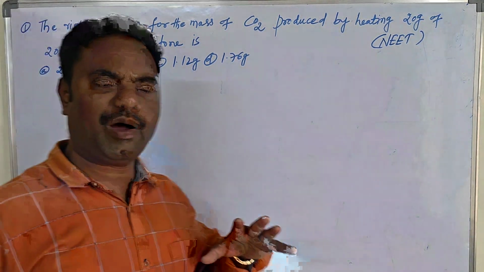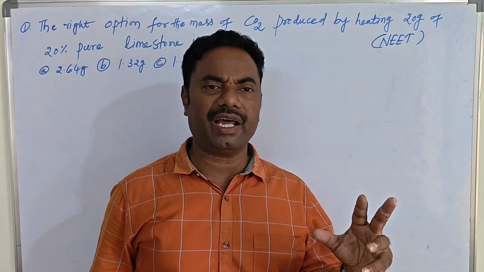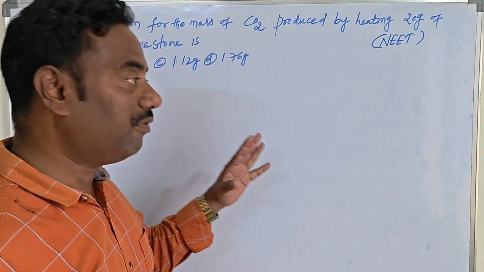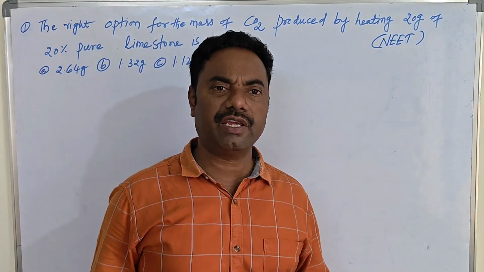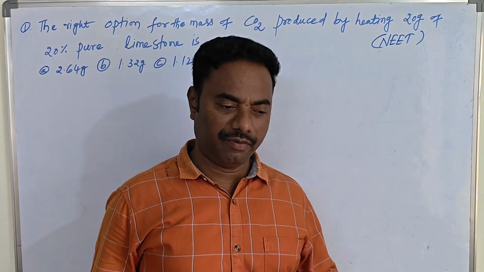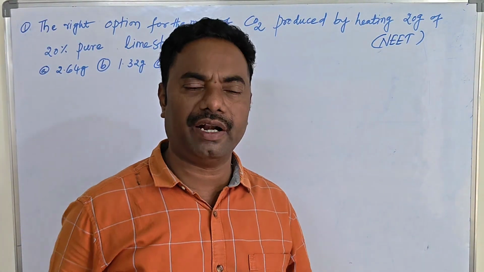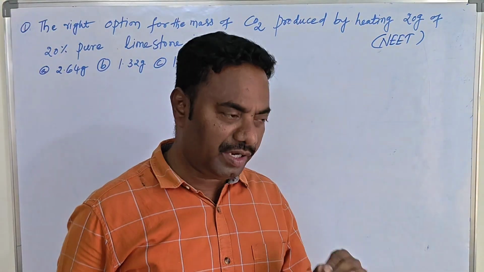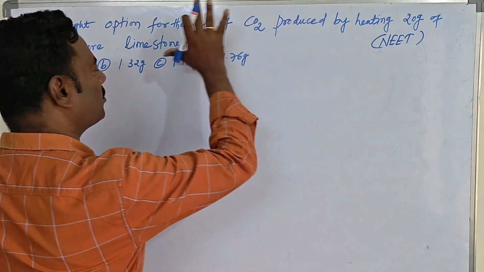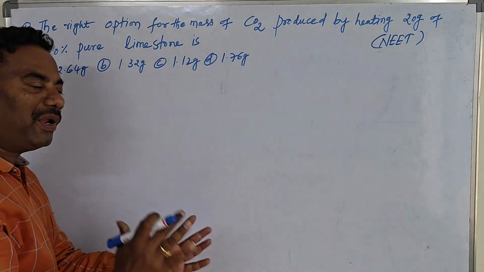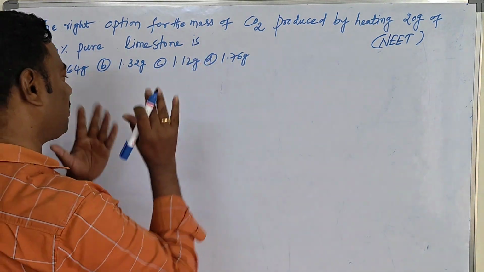After reading this problem, we need to get idea about the equation. Sometimes in the problem, the equation is given. Whether the equation is given or not, no problem. We need to have idea about equation. How to get CO2 from limestone? What is the proper equation for this problem?